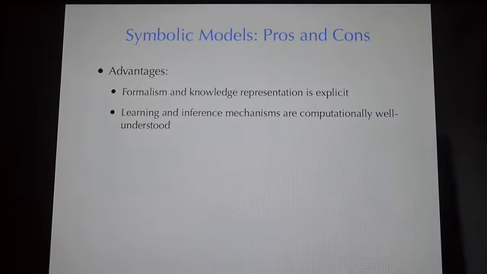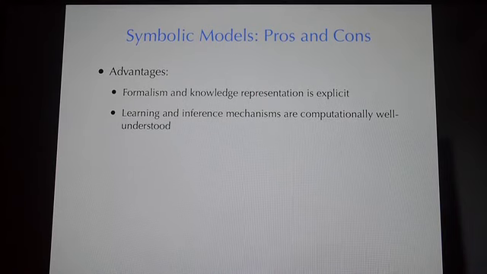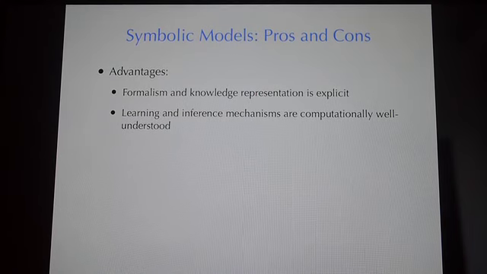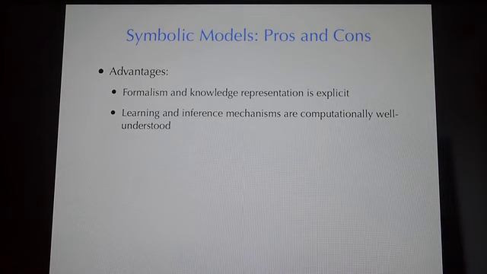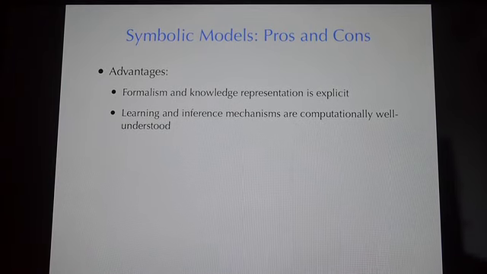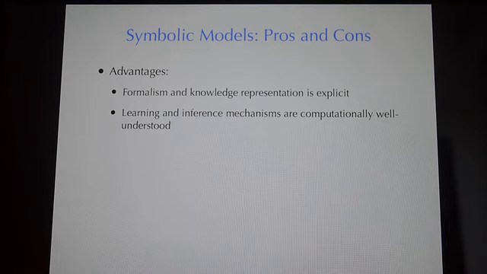So, symbolic models, they had certain advantages, the most important of which was that the formalism and the representation of knowledge is explicit. We know exactly what kind of knowledge they represent. And the learning and inference mechanisms are computationally very well understood because they're based on formal logic, which has been studied and entrenched for centuries now.